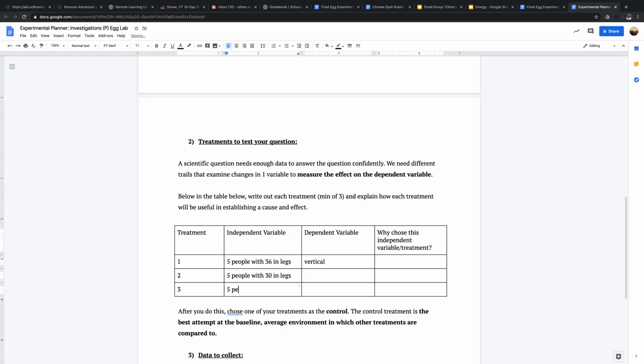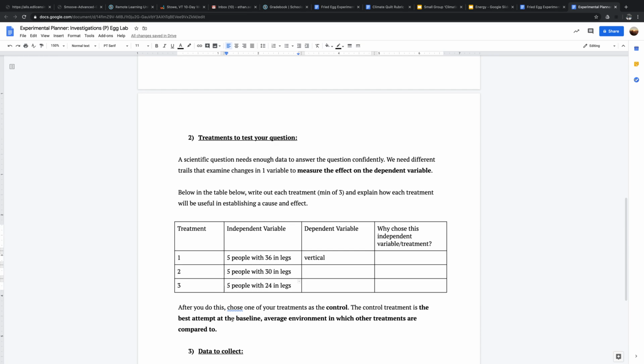And then 5 people with 24-inch legs. You're really just proposing things that you think would be appropriate to answer your question. Make sure after you do this, you choose one of your treatments as the control. The control treatment is the best attempt at establishing a baseline or an average environment. So the average length of people's legs is 30 inches, so that would be my control treatment.